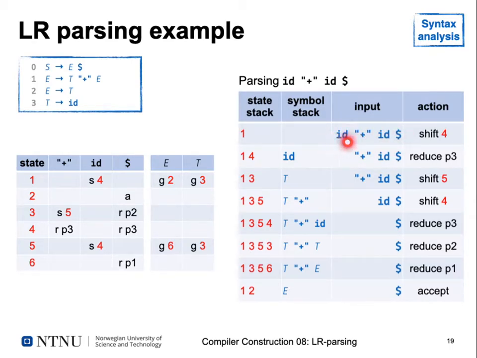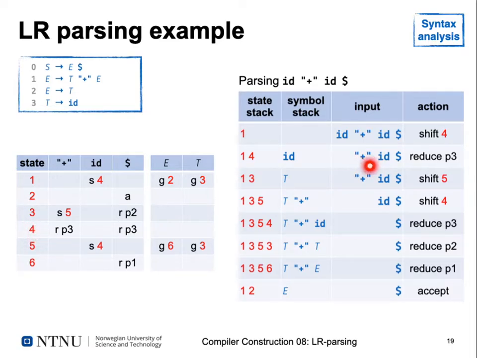And so the next symbol is ID that we see here, and we can look it up in our table. So when we are in state 1 and read ID, we do a shift and we go to state 4. So essentially what we do is we remove the first token here from our input stream, push it on the symbol stack, and we move to state number 4. Now what are we going to do in state number 4?